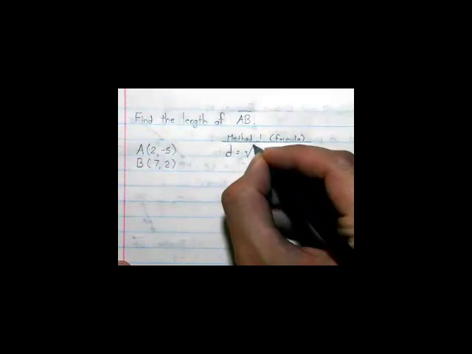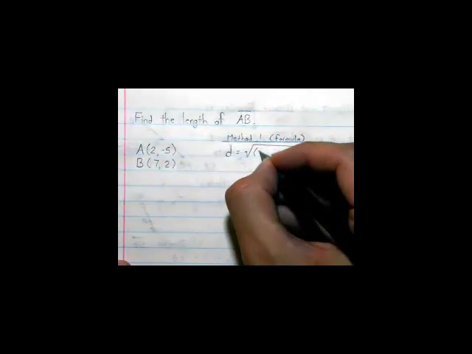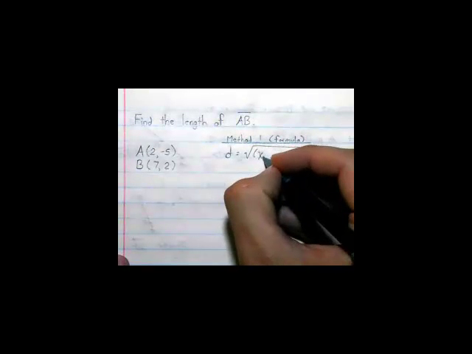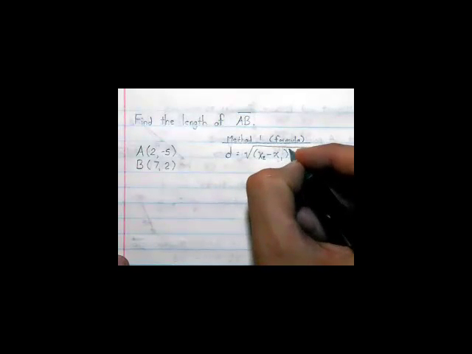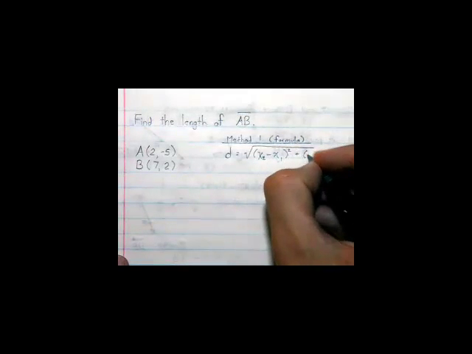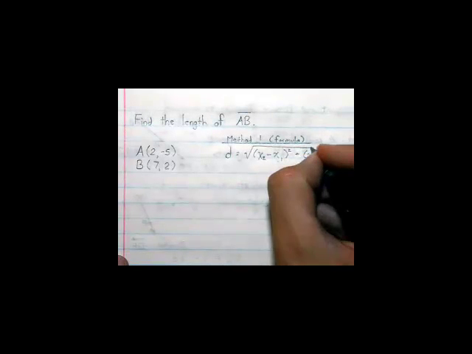I always do that whenever I use a formula, because if I've made a mistake, I can go back and see where. So it's the square root of (x2 minus x1) squared plus (y2 minus y1) squared. I double check that that's right, and it is. Okay, now I can start putting numbers in.